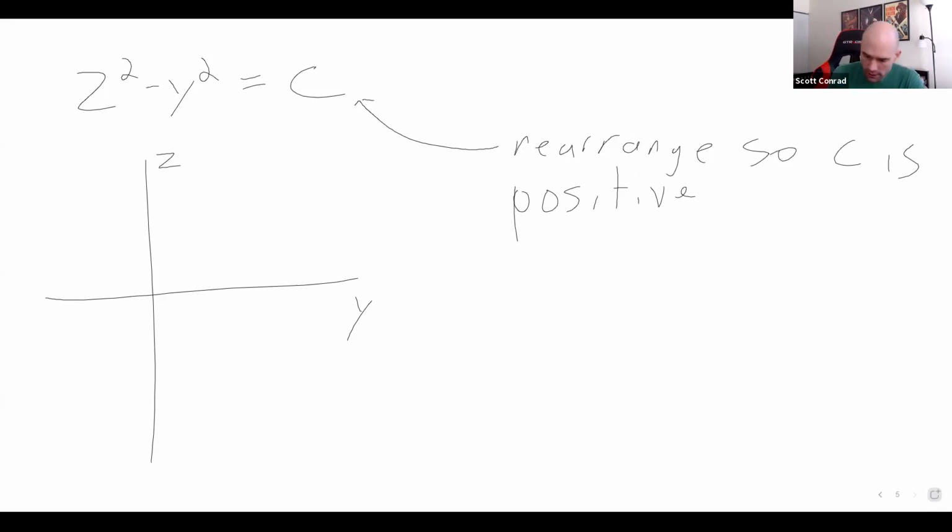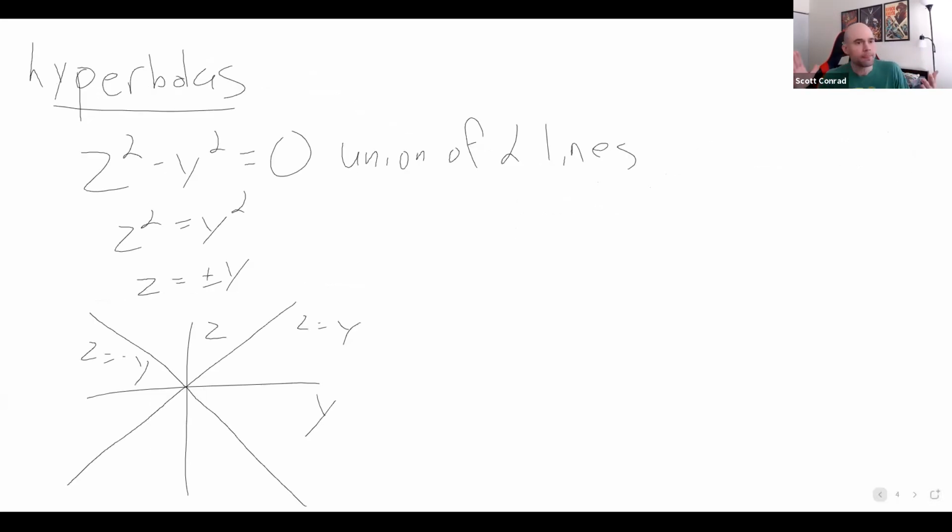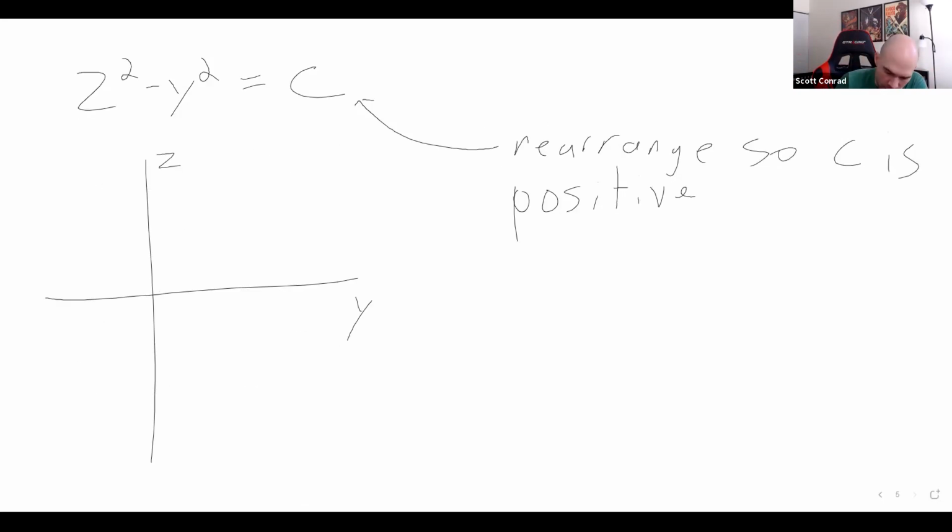And I'll tell you why. So what this is, is a hyperbola. The asymptotes are going to be these lines that we got from z squared minus y squared equals 0. So those are going to be our asymptotes, those same lines. And then we're going to get a hyperbola that's either going to open up in the z direction and down in the negative z direction, or to the right in the y direction and to the left in the negative y direction.